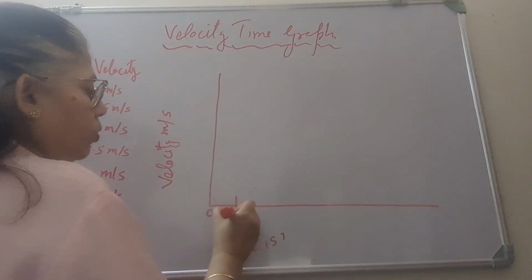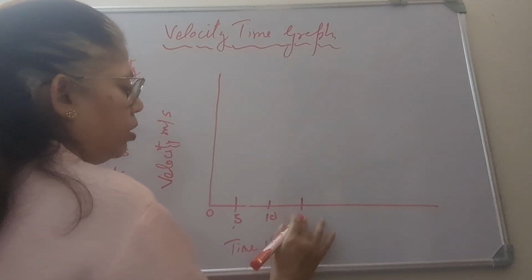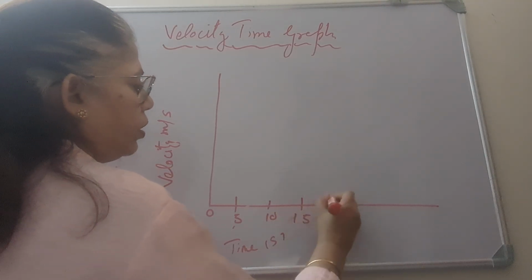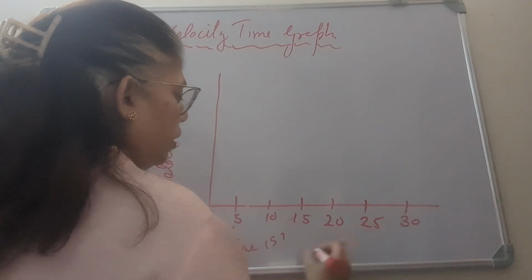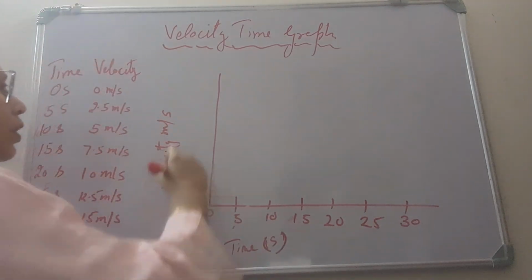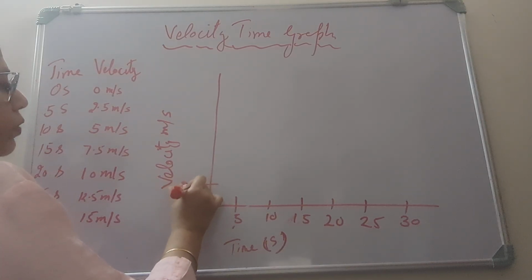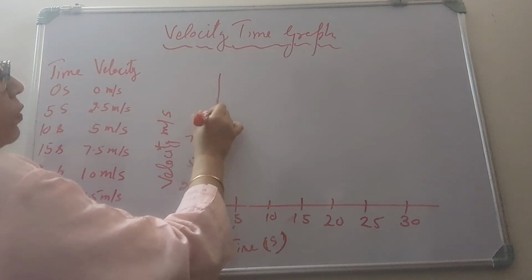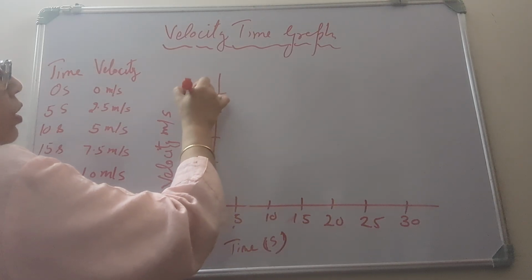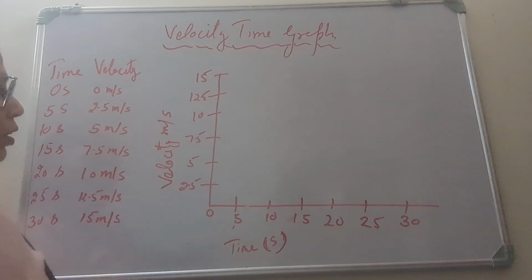We have 0, 5, 10, up to 30. This is time in seconds, and velocity in meters per second here is 2.5, 5, 7.5, 10, 12.5, and 15.